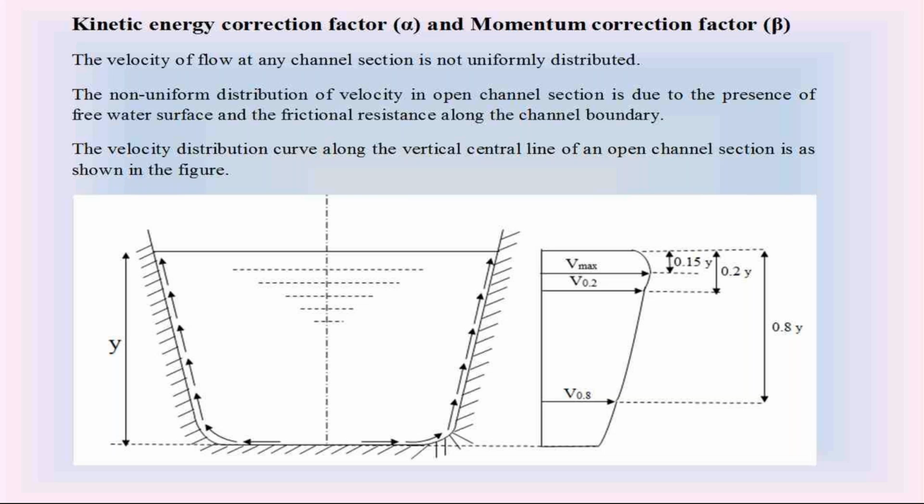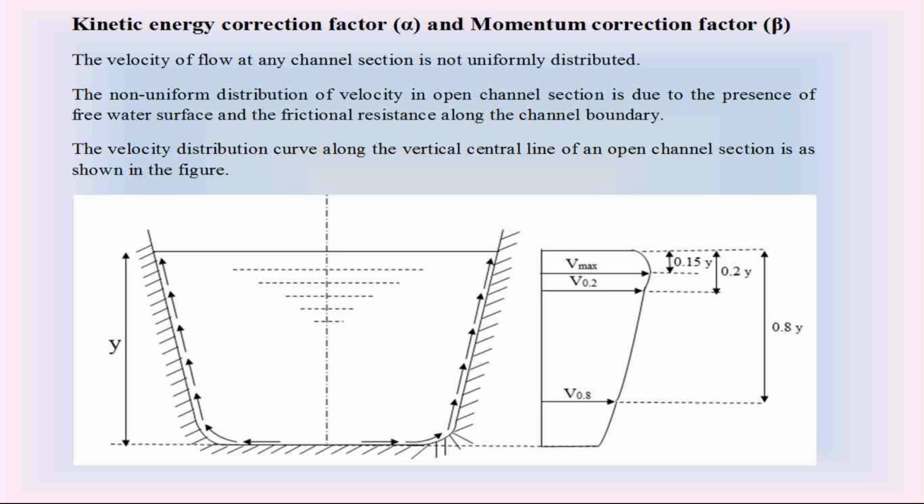The kinetic energy of a moving body is equal to half into mass of body into velocity squared, that is half m v squared, and the linear momentum of a moving body is equal to mass of body into velocity of body, m into v. So whenever the body is in moving condition, it has kinetic energy and also linear momentum.